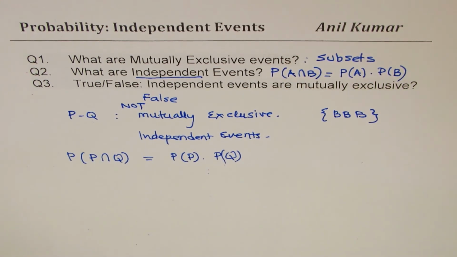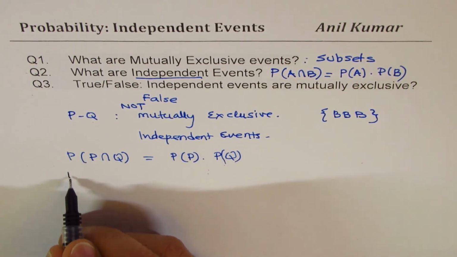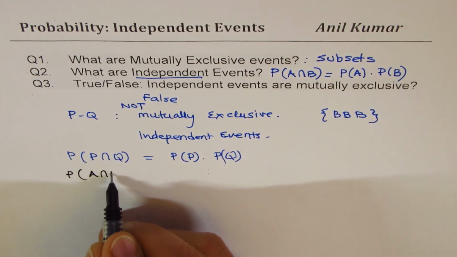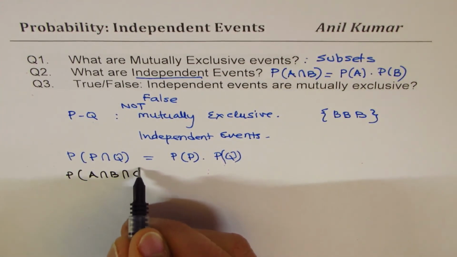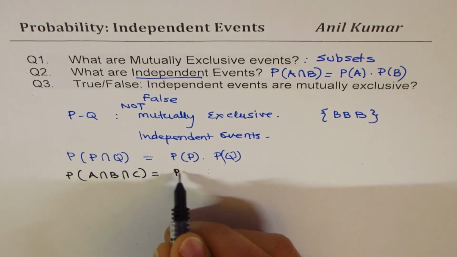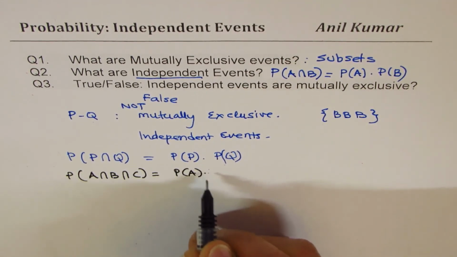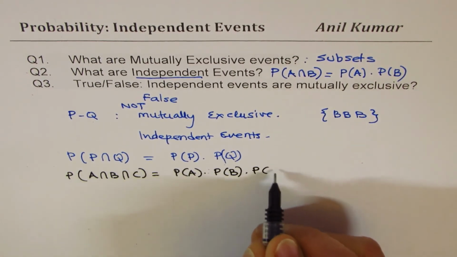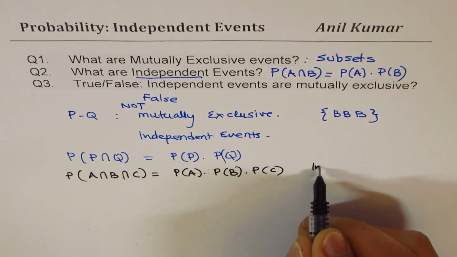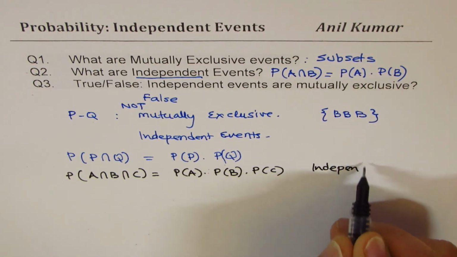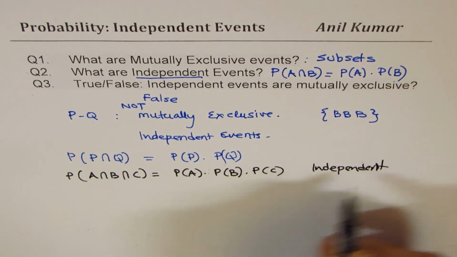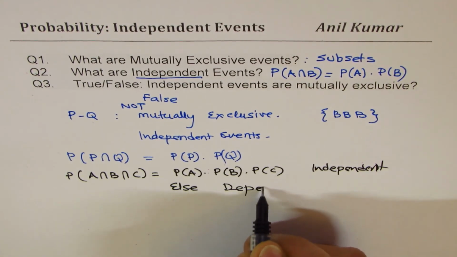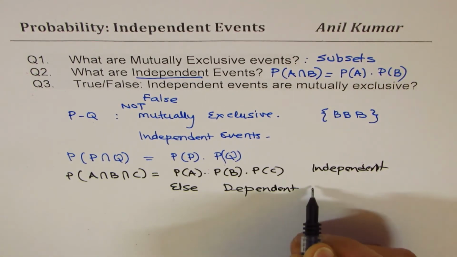And this can always be extended to any number of events, so it could be A intersection B intersection C and so on. If the product of their probabilities is the same, we conclude that they are independent, else dependent events.